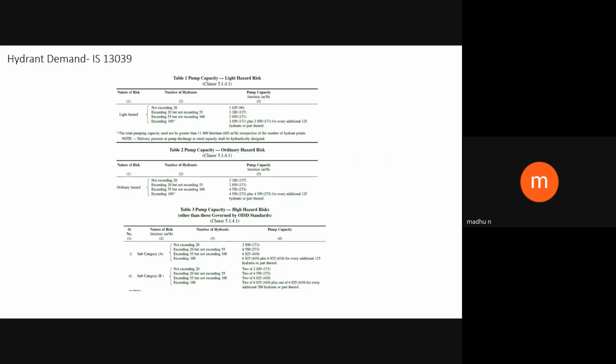We had this confusion yesterday. Because when you use the term ordinary, you will not have moderate. So you've got light, ordinary or moderate hazard, and then you have extra hazard, or high hazard also. High hazard is equivalent to your extra hazard areas.